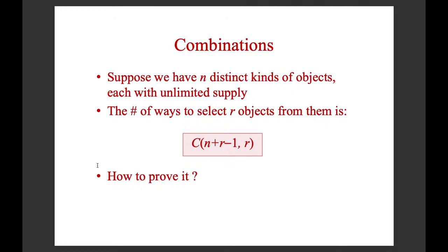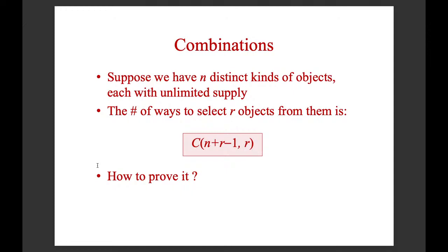This also corresponds to the case where we have n variables, let us call them x1, x2, x3 up to xn, such that each of these variables is a non-negative integer, so they can be 0, 1, 2, 3, and so on. We want to ask how many ways there are such that x1 plus x2 plus dot dot dot up to xn is exactly equal to r.